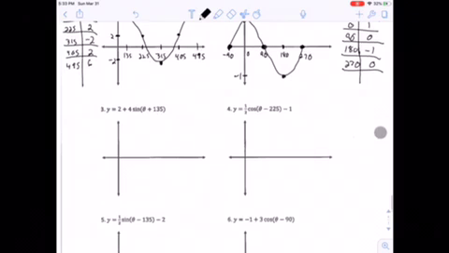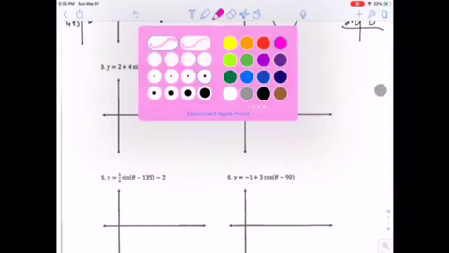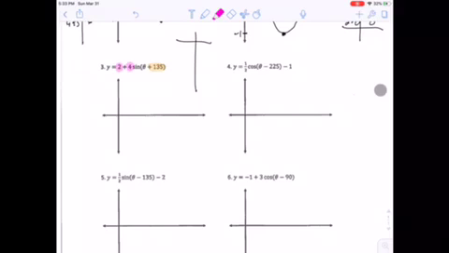So looking at this one, number 3. Okay. So here, that is going to adjust our x. These two are going to adjust our y's. So here we're going to have x minus 135. And then over here we're going to have 4 times y plus 2.